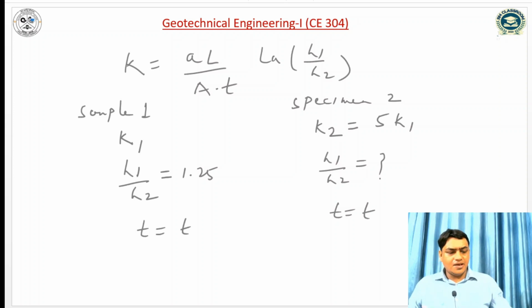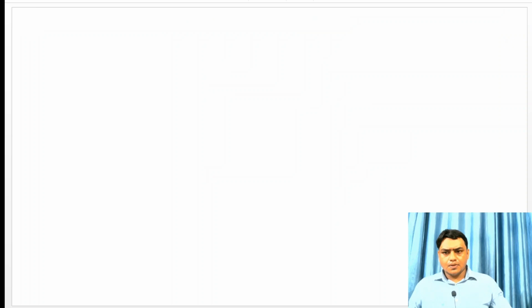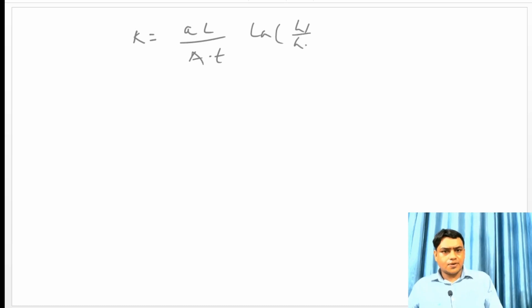So we can apply the formula, that is K is equal to aL by At ln H1 by H2, or time can be written as aL by AK ln H1 by H2.